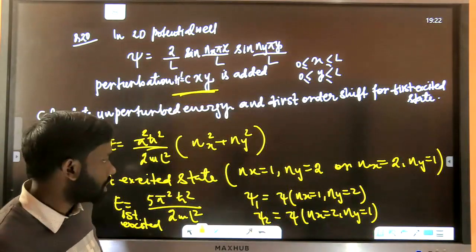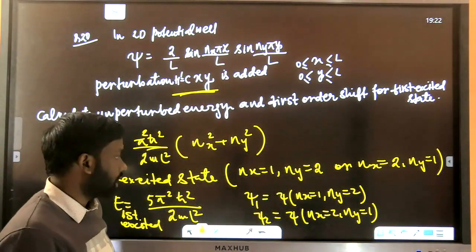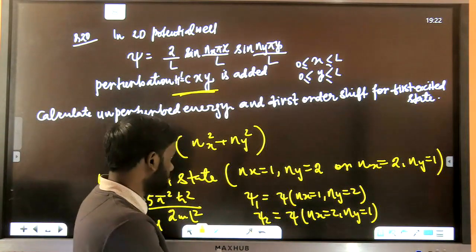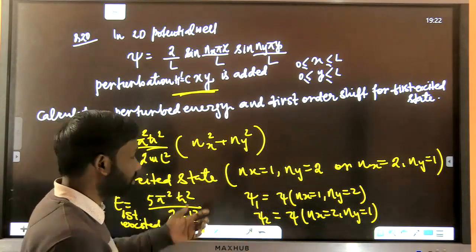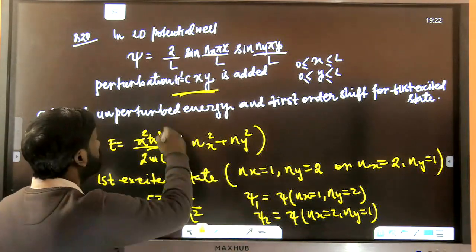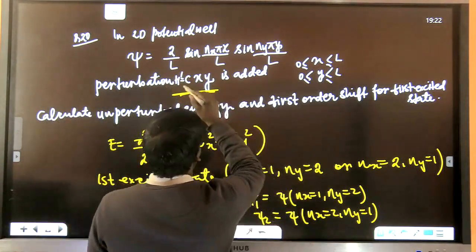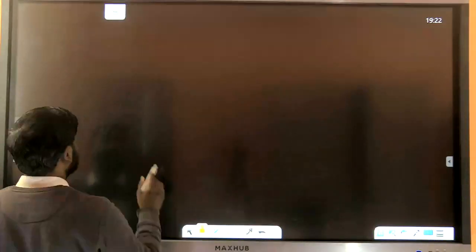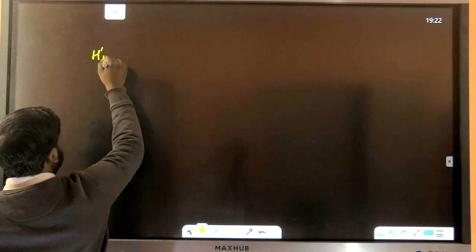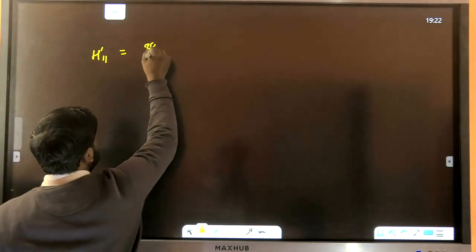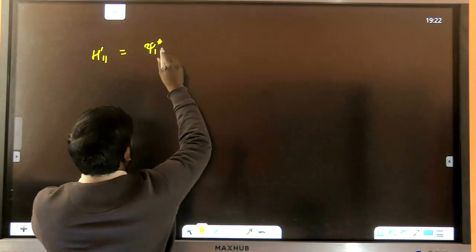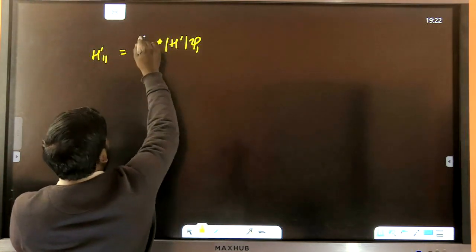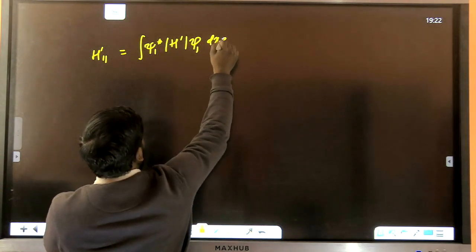Now to calculate the first order correction to the first excited state, because this is a degenerate state, we need to calculate the matrix elements of the perturbative term. So we calculate H'11, which is the double integral of psi1 star, H', psi1, dx dy.